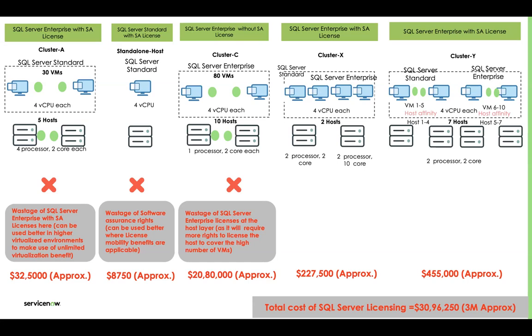If you license 10 hosts, you can run 10 VMs, and then you have to license the 10 hosts again to run an additional 10 VMs and so on. You can see that you would require more licenses in this particular case.